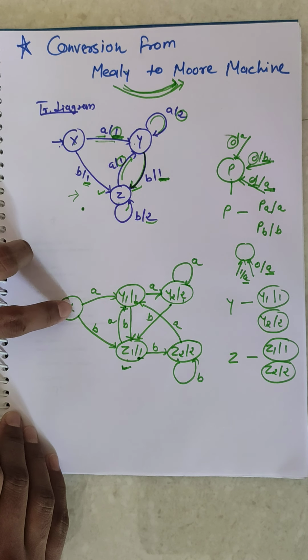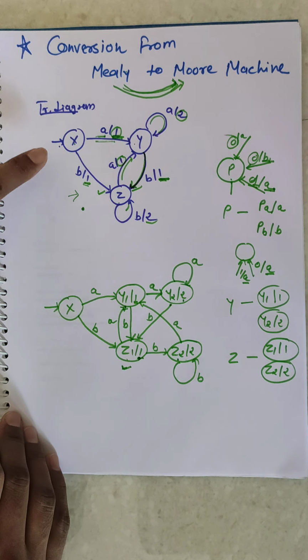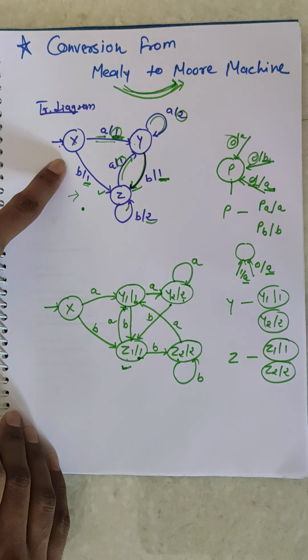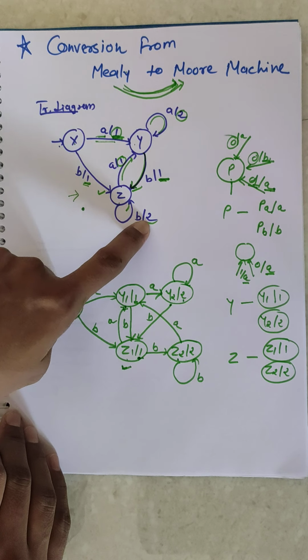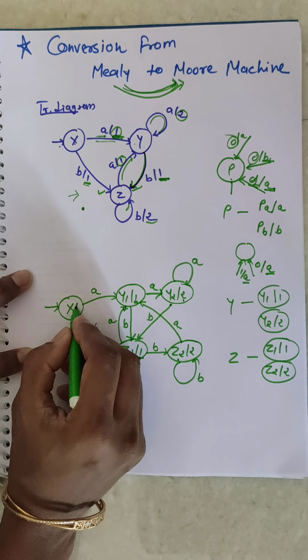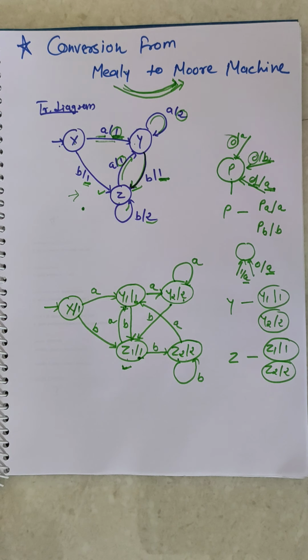So X with the output. Default is as it shows, but for continuous A we get 2, for continuous B we get output 2, otherwise 1. So default nothing means 1. So we represent 1. And it happens very rarely that there is no incoming edge, and it is always for the initial state.